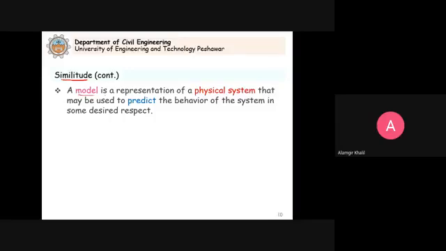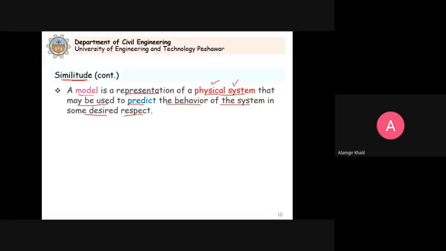A model is a representation of a physical system that may be used to predict the behavior of the system in some desired respect. Which design parameters do you want to test? So what is a model? A model is simply a representation of the physical system.